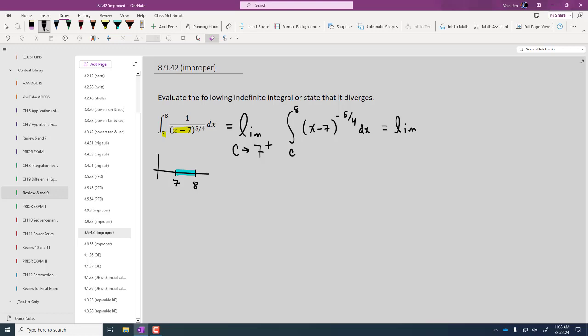So integrate here: we add 1 to the exponent, so we add 4 over 4, which leaves us with negative 1 over 4. Dividing by negative 1 over 4 means multiplying by negative 4. So we're going to take the limit of all of this, from c to 8.